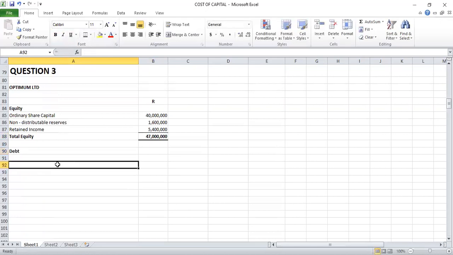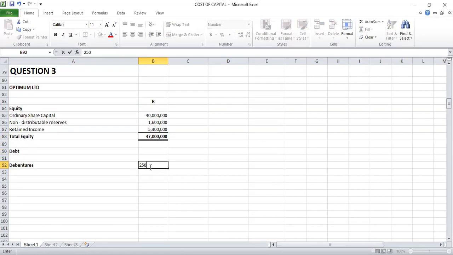Our debt, we have debentures, $2.5 million. We have long-term loan, $4 million.